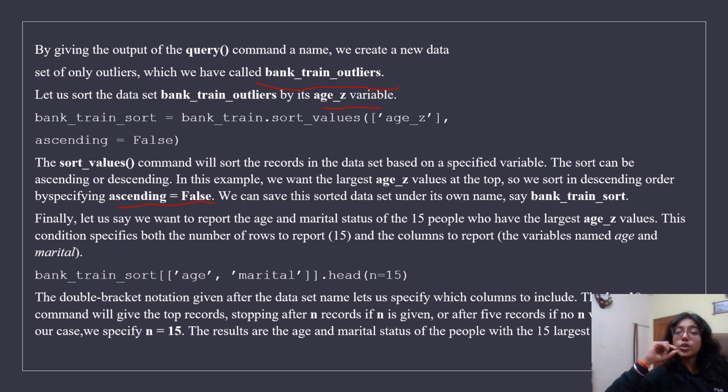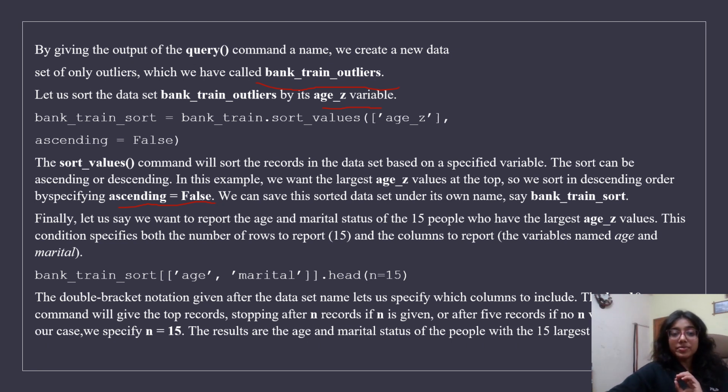Finally, let us say we want to report the age and marital status of the 15 people who have the largest age_z values. This condition specifies both the number of rows to export, 15, and the columns to report, the variables named age and marital. bank_train_sort[['age','marital']].head(n=15).